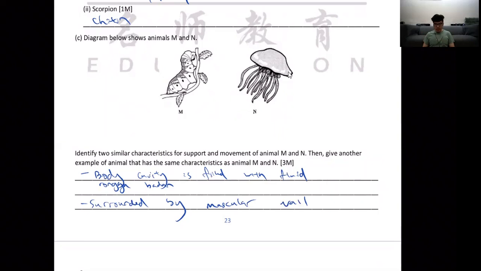Dikelilingi dinding otot. Basically, they're like a water balloon. The balloon is the muscular wall, and inside is the fluid. So another example that is like this is your leech. Okay, so 3 marks here.